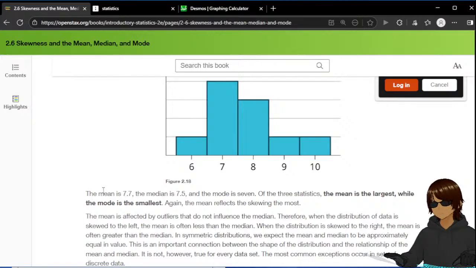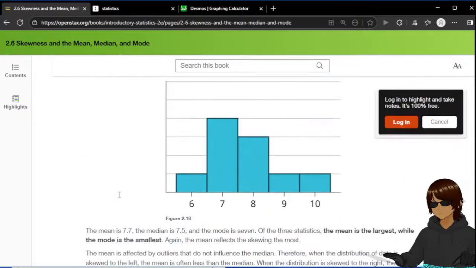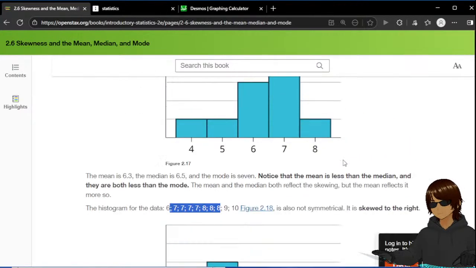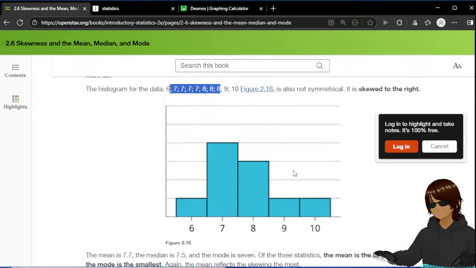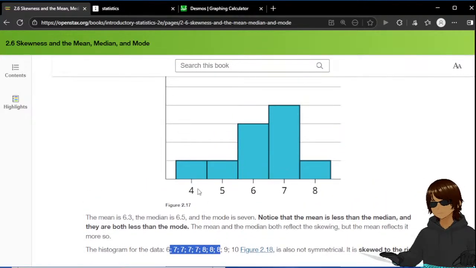Okay. So between the median and the mean, the mean is closer to this side, right? The mean would be closer to the middle value if you ignore the frequency, right? And the median would be farther away than the mean.